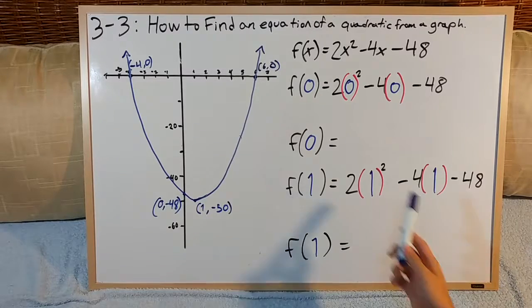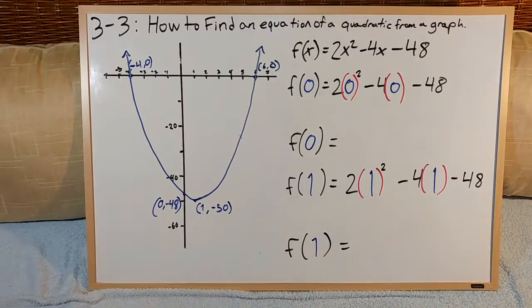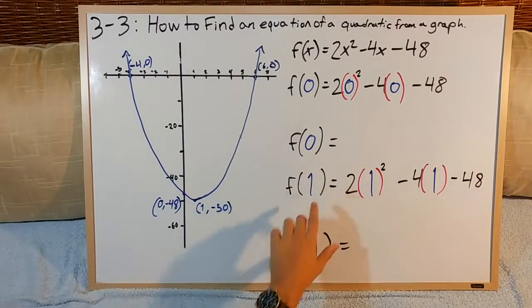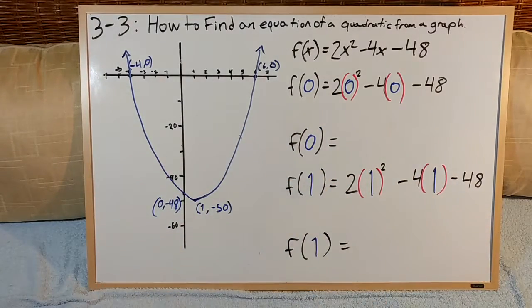Okay, so we have our function, and now we're trying to see if it is correct. If we plug in 0, we get negative 48, and if we plug in 1, we get negative 50.